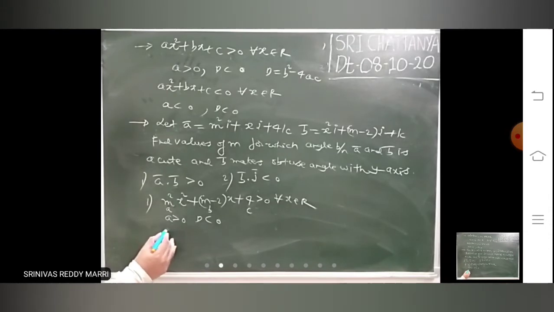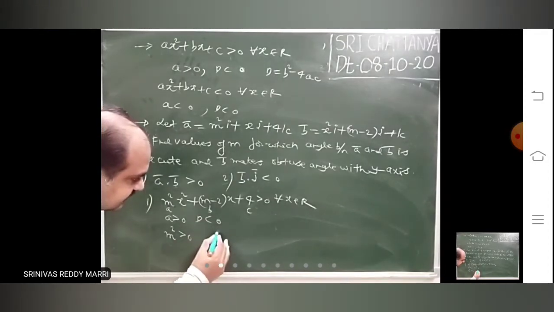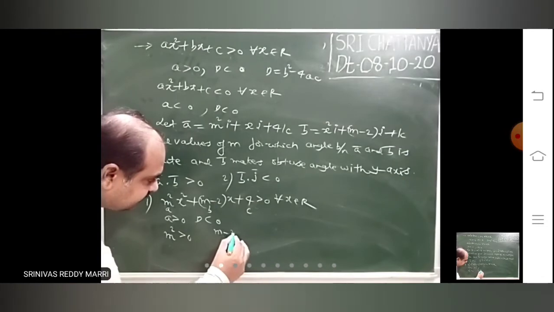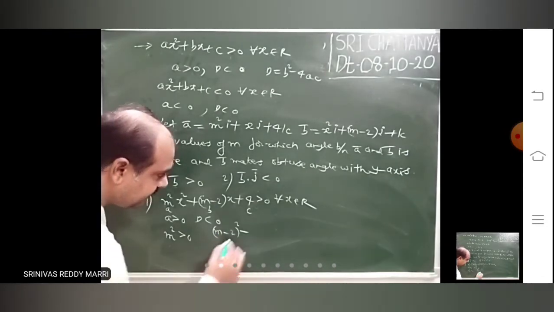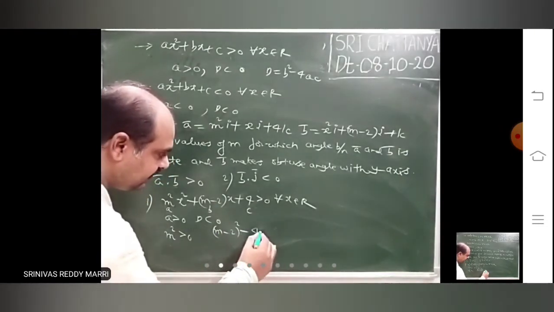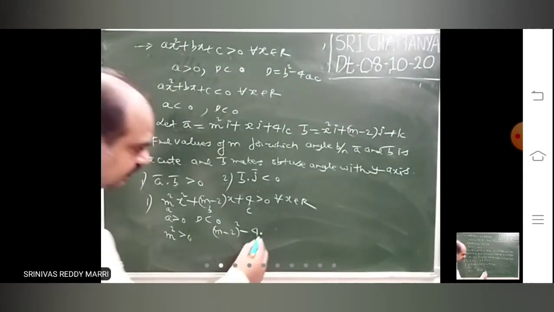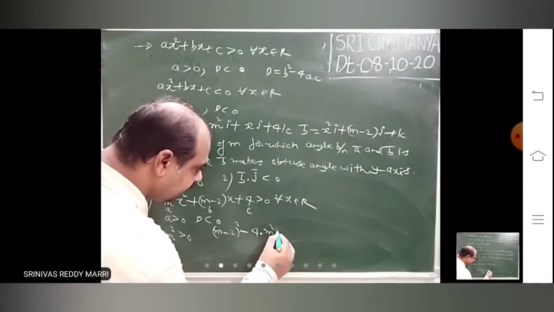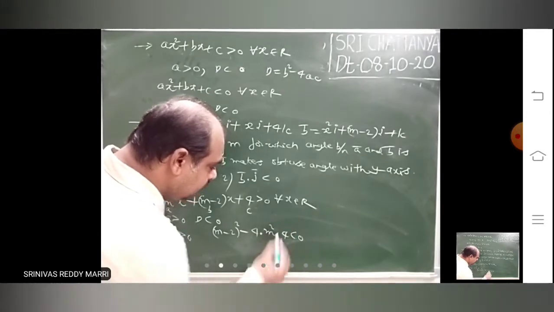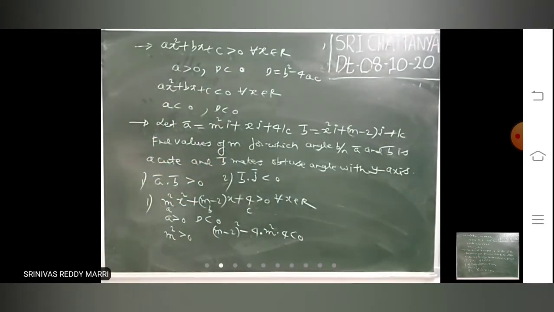So therefore A greater than 0, m square greater than 0. This is already positive. D less than 0. D means B square minus 4AC, the discriminant. This is the first condition I am writing.